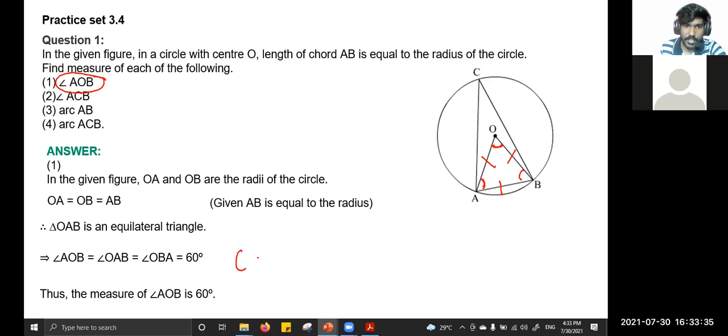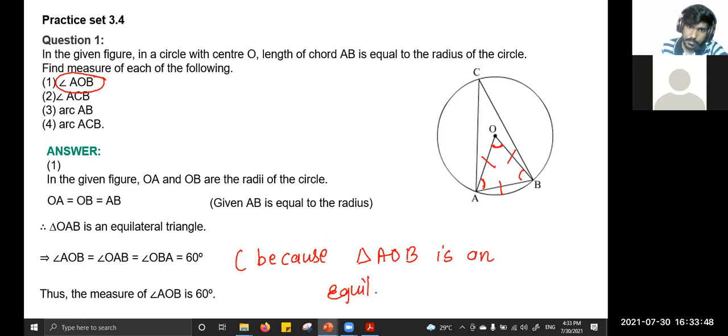So here you can write: because triangle AOB is an equilateral triangle. Is this fine? So the first one is done. AOB is 60 degrees. Write it down.